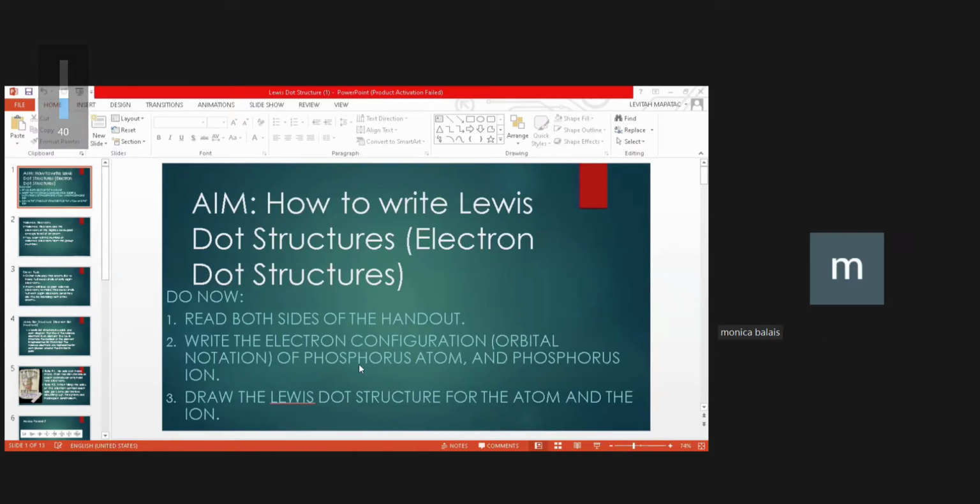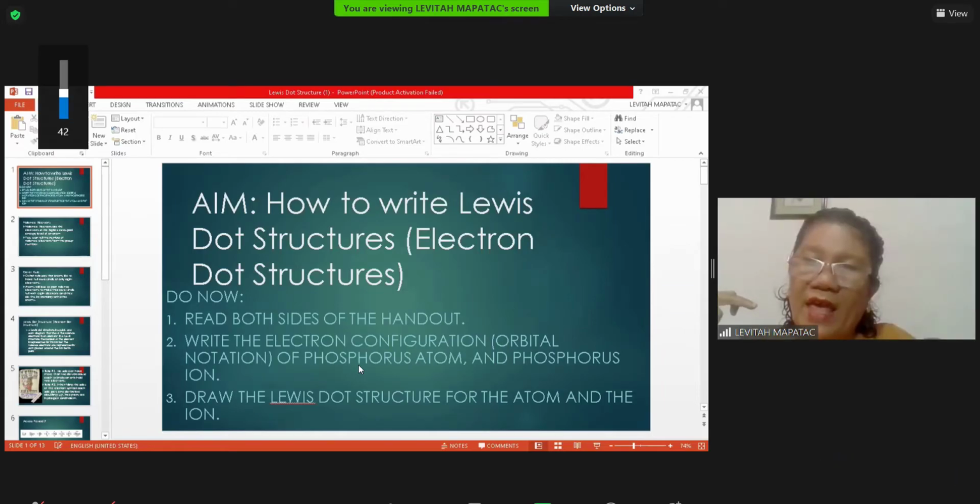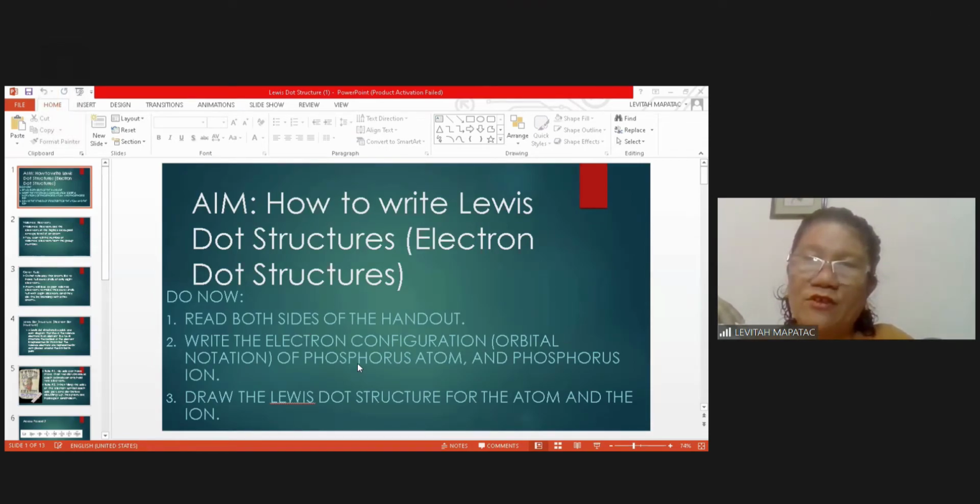That group has something to do with the number of electrons in the element. For instance, hydrogen. How many electrons does hydrogen have? There is one electron. That is why its electron configuration is 1s1.